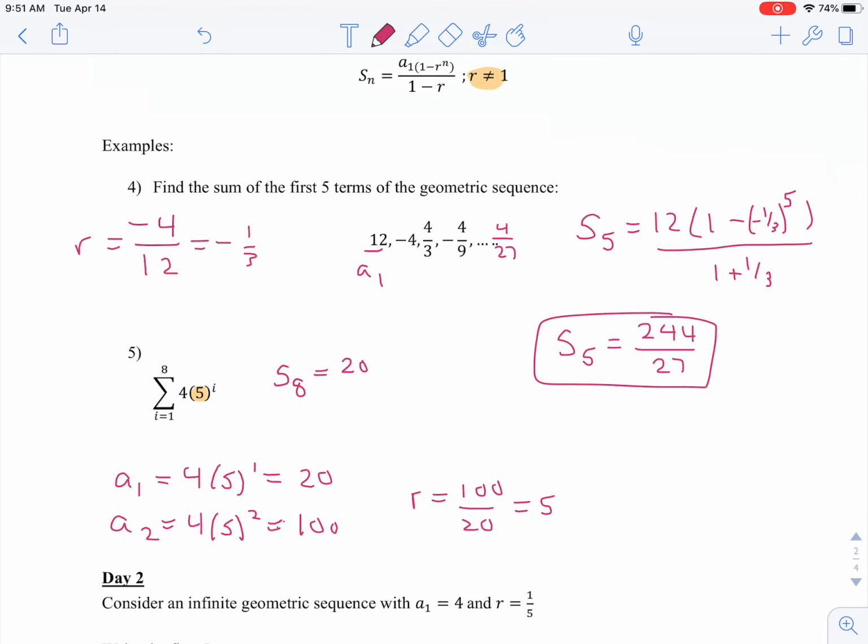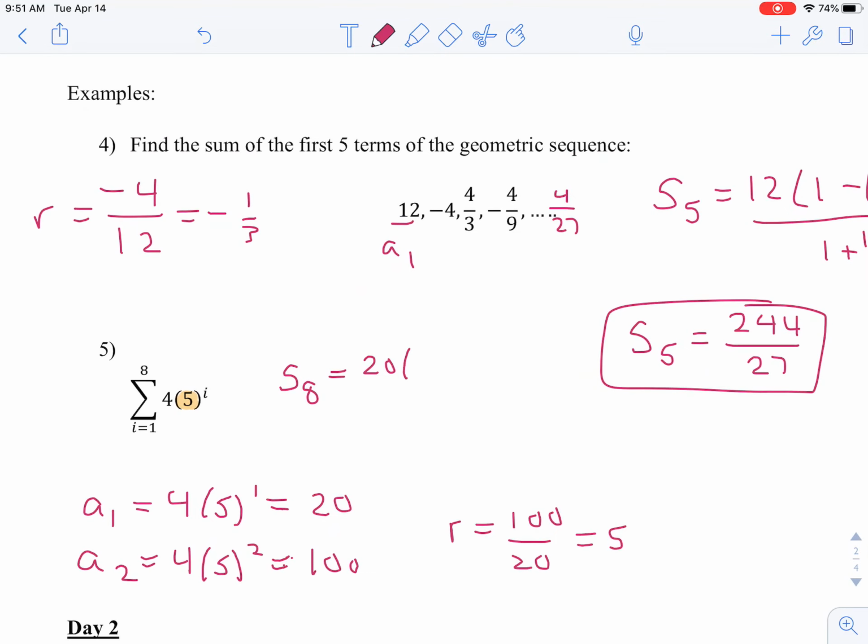Is equal to the first term of 20. Again, times 1 minus r to the number of terms 8 over 1 minus r. So we got 1 minus 5 to the 8th times 20 divided by negative 4.